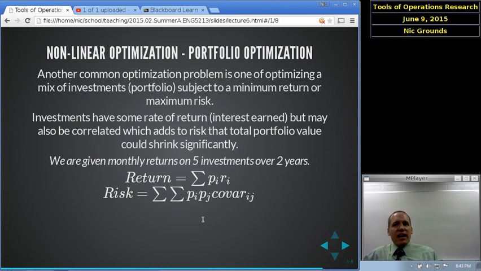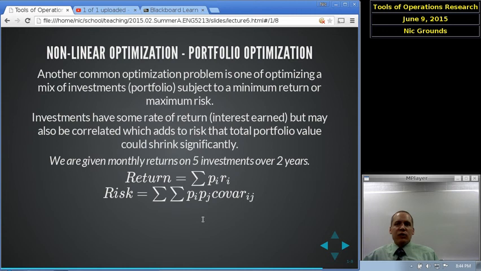The higher that positive value, the more those things move together. That is, one goes up, the other goes up with it. One goes down, the other goes down with it. The larger a negative value of covariance, the more that one going up means the other goes down, and vice versa. So they're negatively correlated.